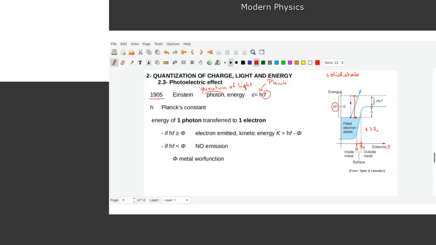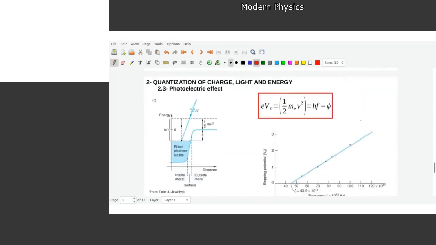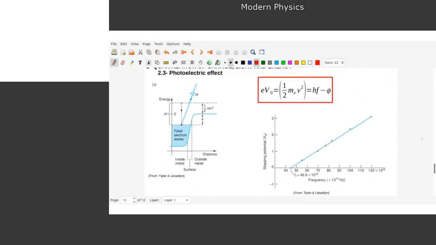So this is the equation of the photoelectric effect, and if you understand it, this is an equation of energy conservation. It is very simple. Let's write it here. Sorry, this is the maximum kinetic energy, not any kinetic energy.